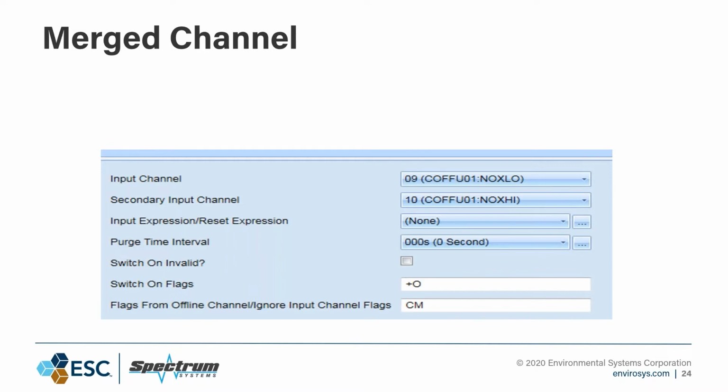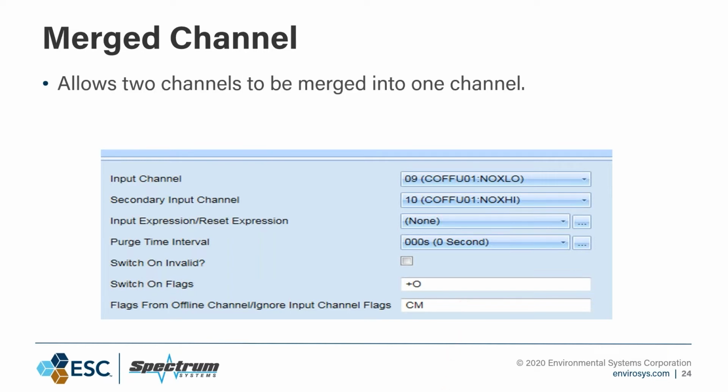Merged channel, and notice this field here, switch on flags and flags to ignore. Merge channel allows two channels to be merged into one. In this case, it's Knox low and Knox high. Knox low is the primary, Knox high is the secondary.